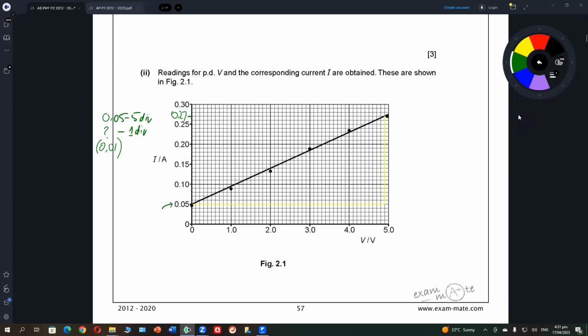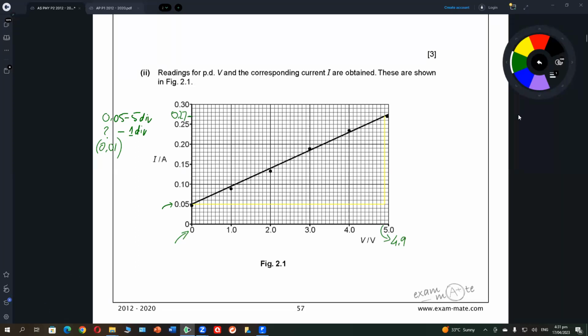Now here on the x-axis, one number is 0. What about the other number? It is just before 5. I'm taking it as 4.9.